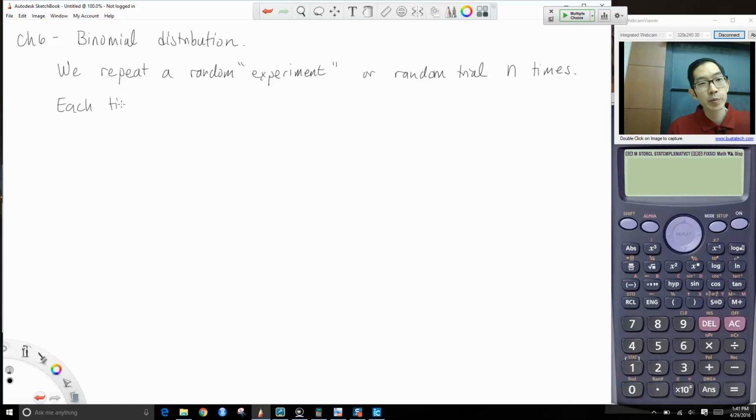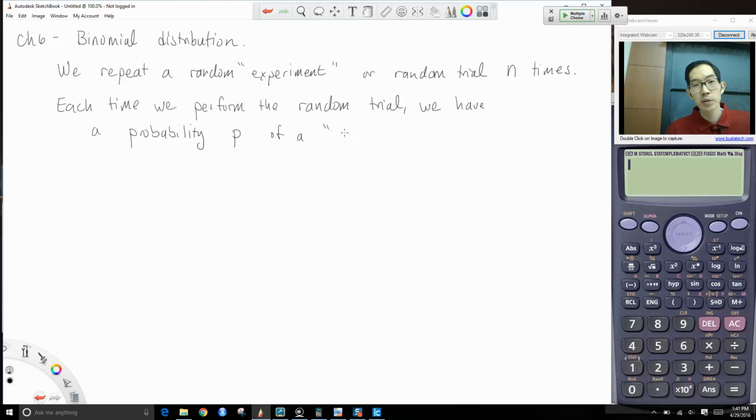Each time we perform the random trial, we have a probability p of a quote-unquote success.